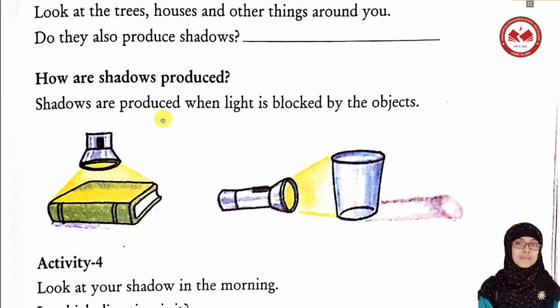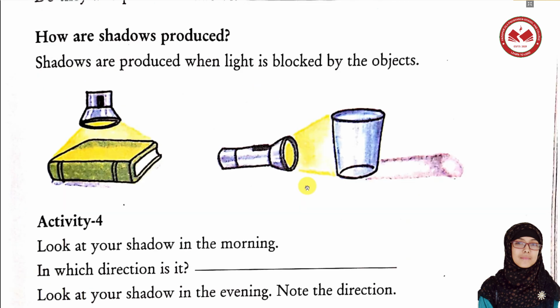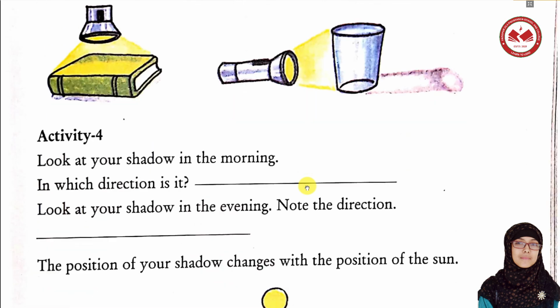Now we will see how shadows are produced. So now we will see how shadows are produced, through an activity, that is activity number 4.